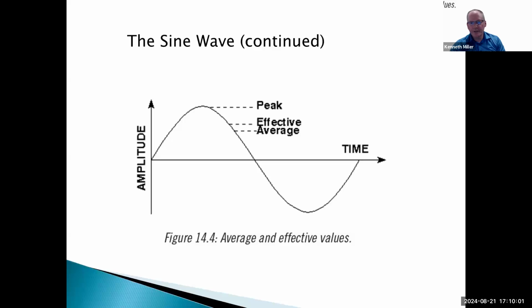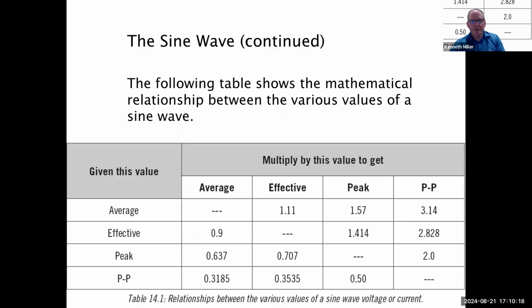And then our average is 0.637 times the VP, and then the effective, or RMS, is 0.707 times it.